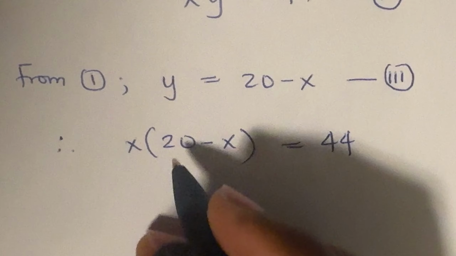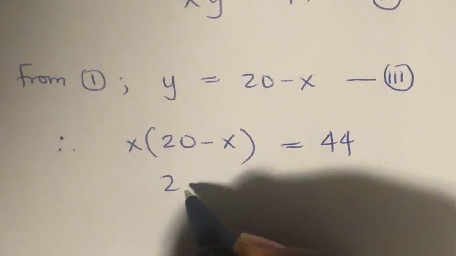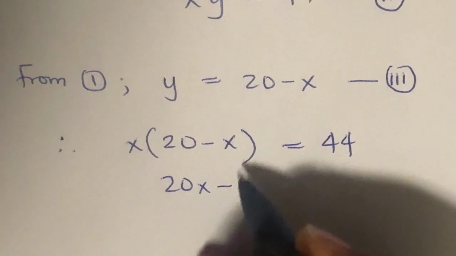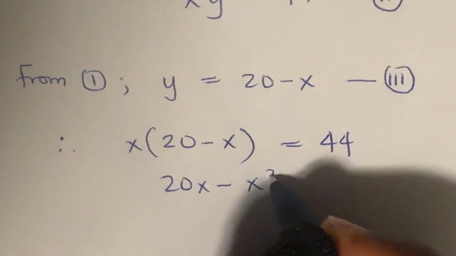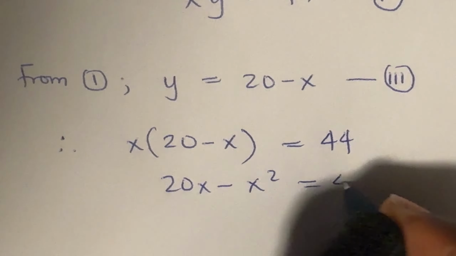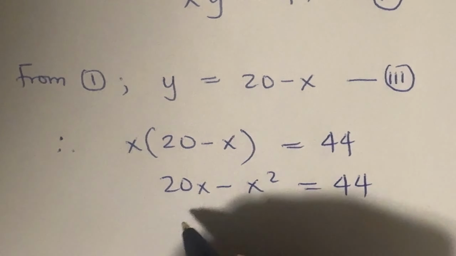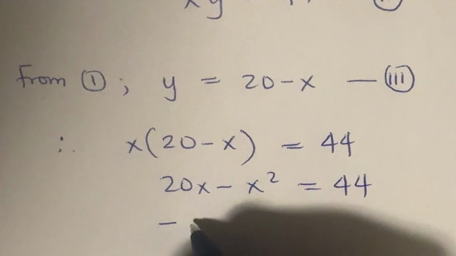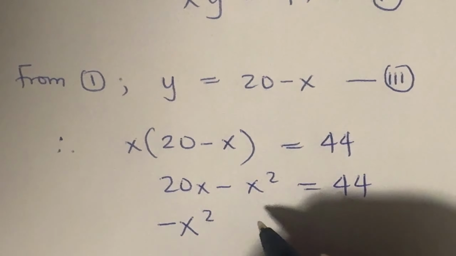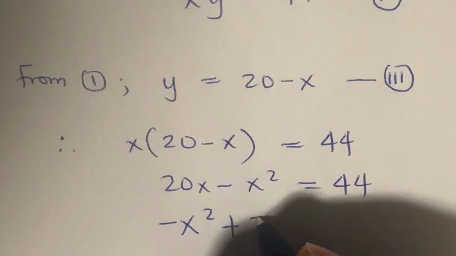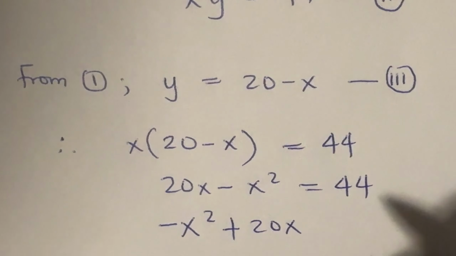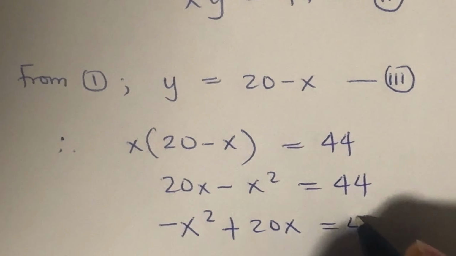Carefully open this bracket. This gives us 20x minus x squared is equal to 44. If I rearrange this, this is negative x squared plus 20x is equal to 44.